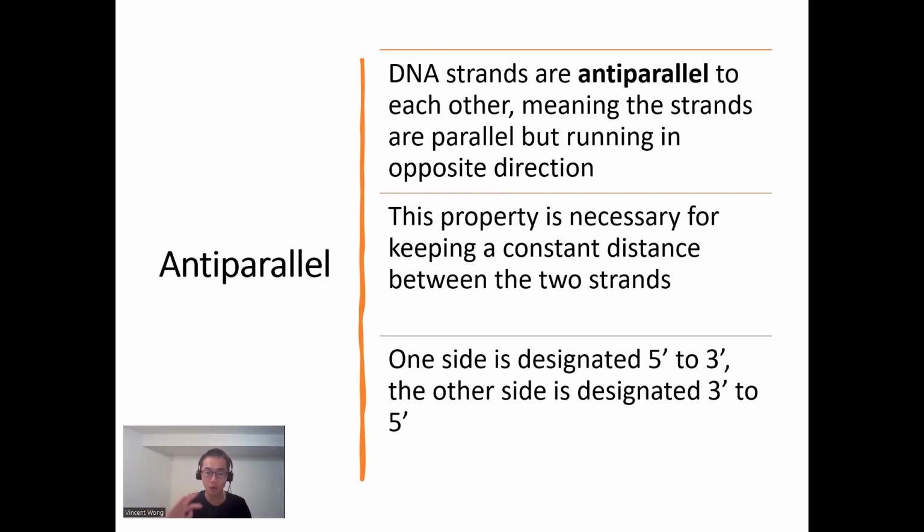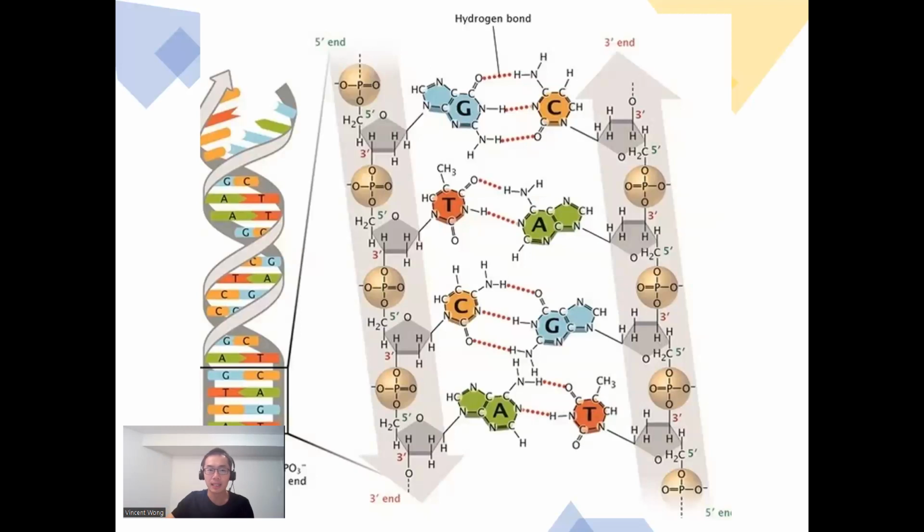So instead of using north and south to designate a direction, as we would on the highway, when we talk about DNA, we use numbers, right? So one side is called 5' to 3'. That's how you say it, 5' to 3'. And on the other side, it would be the reverse, 3' to 5'.